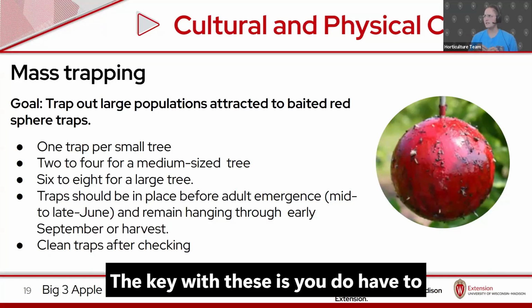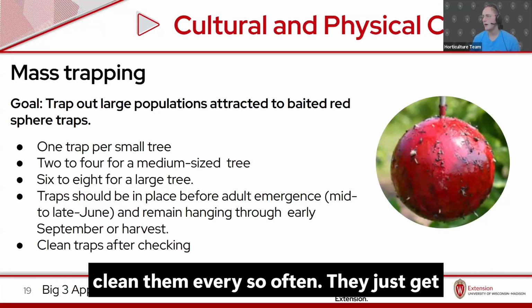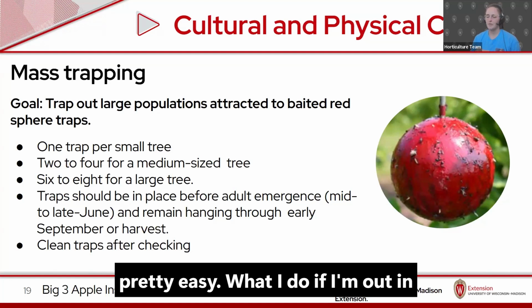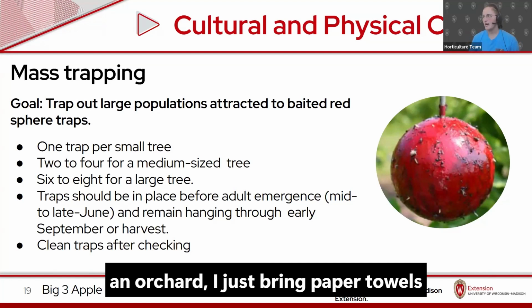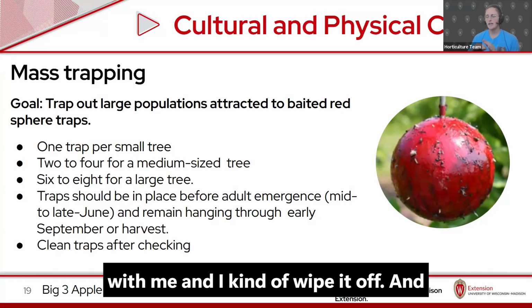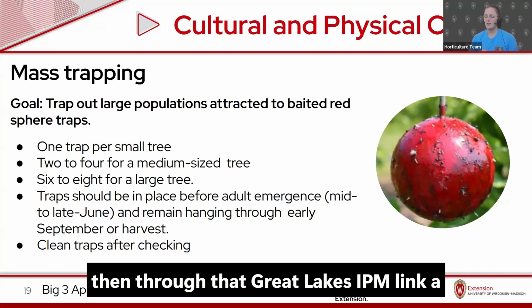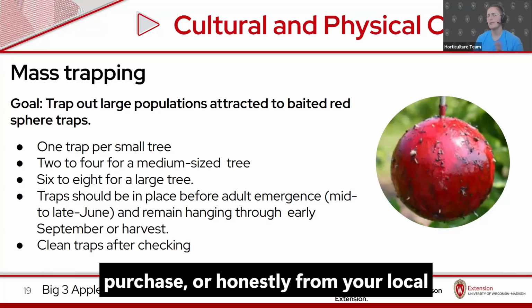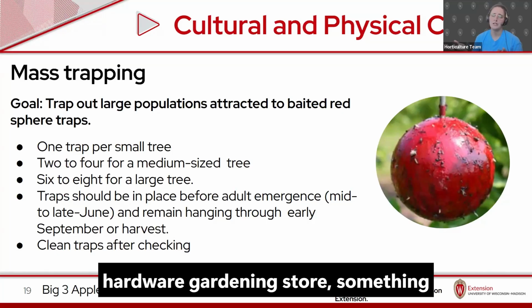The key with these is you do have to clean them every so often. They get very buggy and really crowded pretty easily. What I do if I'm out in an orchard is bring paper towels with me and wipe it off. And through that Great Lakes IPM link a couple slides ago, you can also purchase, or honestly from your local hardware gardening store, something like Tanglefoot.